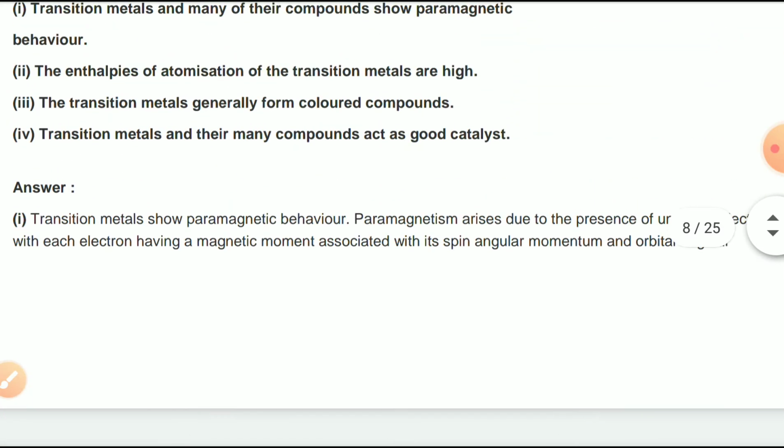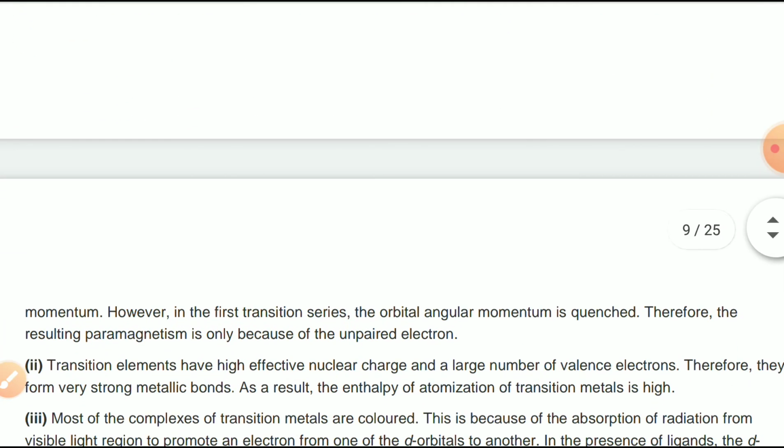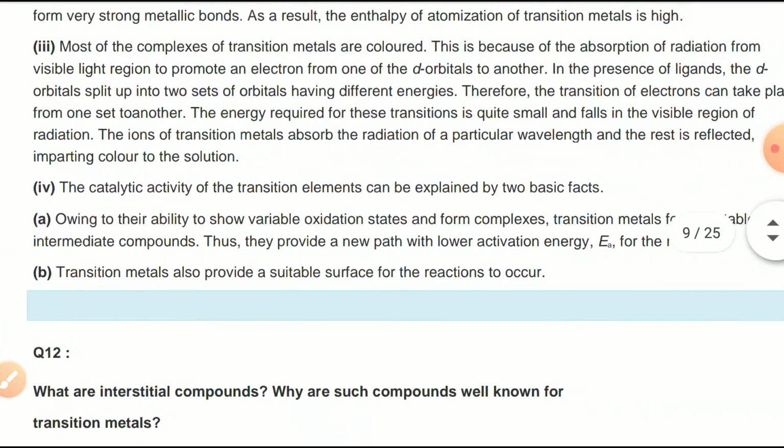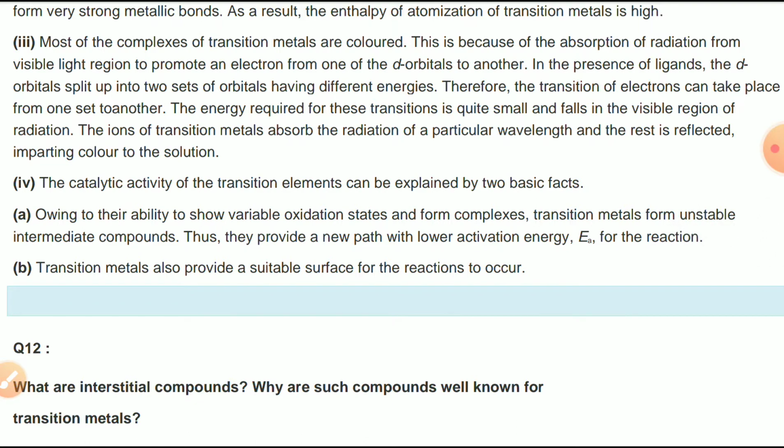Question number 3. The transition metals generally form colored compounds. So the answer, most of the complexes of transition metals are colored. This is because of the absorption of radiation from the visible light region to promote an electron from one of the d orbitals to another. In the presence of ligand, the d orbitals split up into two sets of orbitals having different energies.